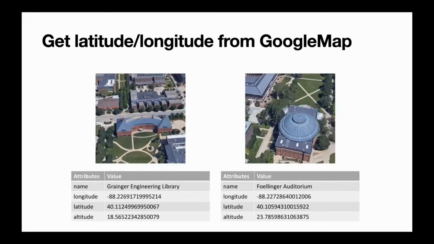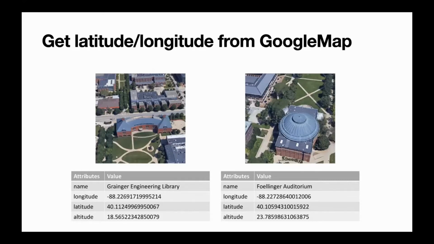Next, after we get the building names, we can search on Google Map to obtain the latitude and longitude of the building. Here I show two buildings of UIUC.